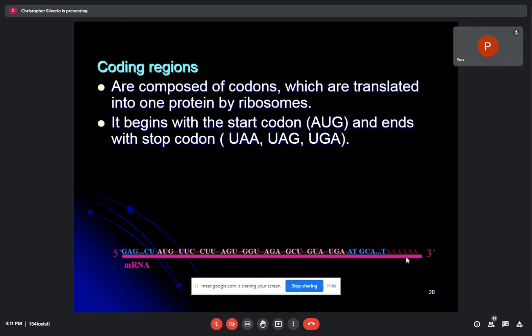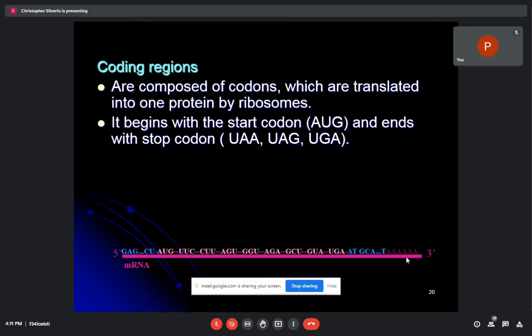Tyrosine, an amino acid. That is tyrosine, but that is uracil, adenine, and cytosine. That is the anticodon. But it is coding for amino acid tyrosine.